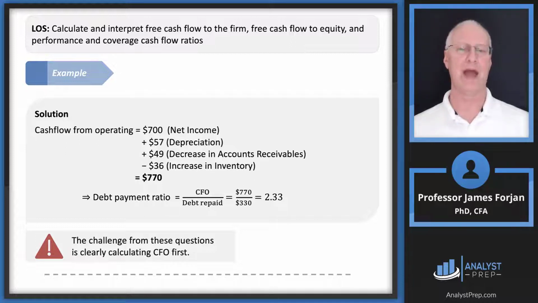That means that for every dollar in debt that we repaid, we're generating $2.33 worth of operating cash flow or cash flow from operations. So let's be careful. What happens if this number is less than 1? Well, then we're not generating enough cash flow from operations to repay our debt.